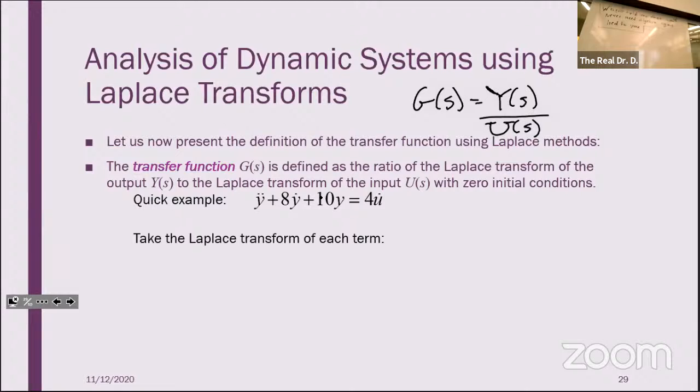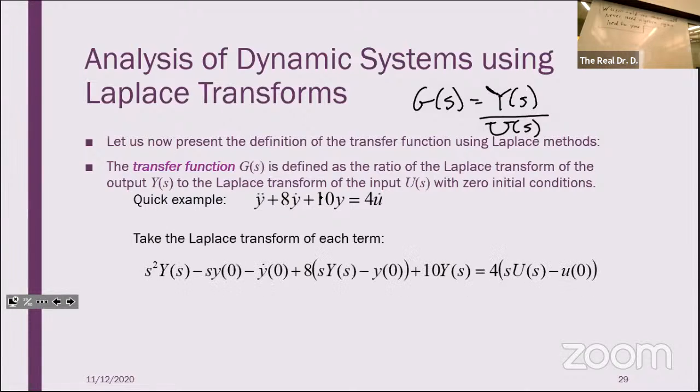So all of those terms in my derivative, where I had s squared y of s minus the initial condition times s minus the velocity initial condition, those are all zero now. So this is zero, this is zero, this is zero. All my initial conditions are zero.